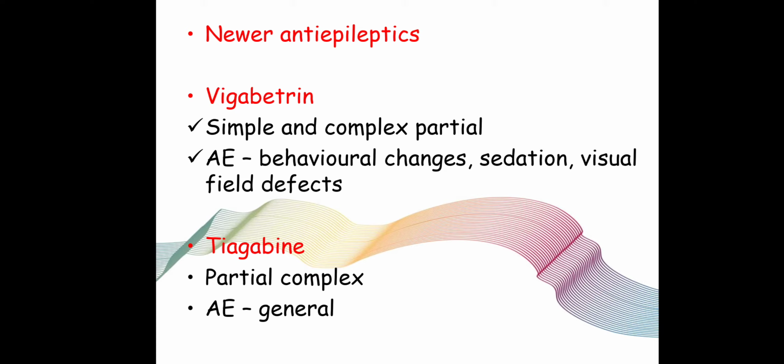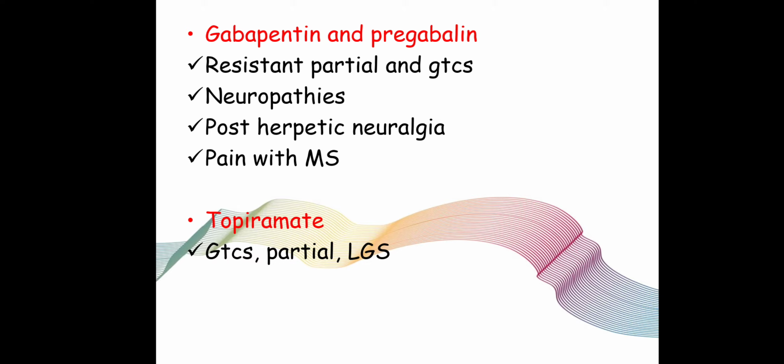Vigabatrin is used for simple and complex partial seizures with some minor side effects like behavioral changes, sedation, and visual field defects. Tiagabine is used for partial complex seizure and has generalized side effects, not some typical side effects. Gabapentin and pregabalin are, amongst the newer drugs, very commonly used nowadays.